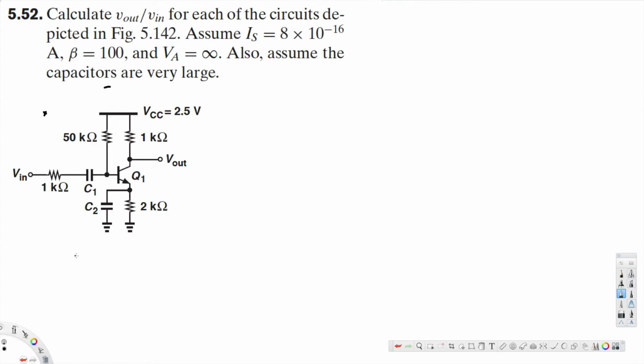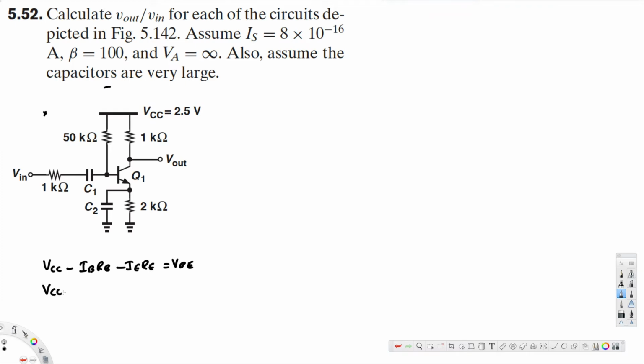Now the first thing is we are going to calculate IC. To calculate IC, we are going to apply KVL around here. If we apply KVL, this is going to be VCC minus IB RB minus IE RE is equal to VBE. Now instead of this IB, IE and VBE, we are going to create an equation based on IC. Instead of IB, we can replace that with IC over beta, because IB is equal to IC over beta.